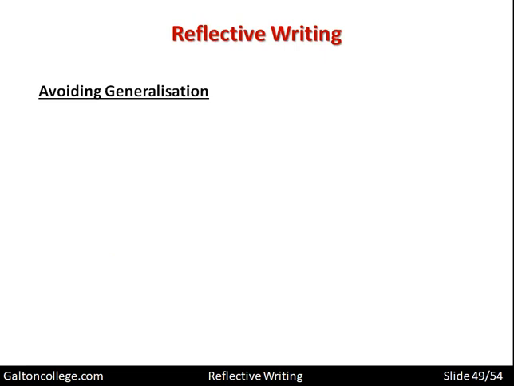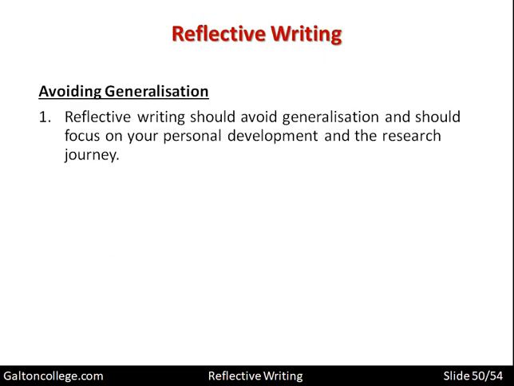Now, avoiding generalizations. Reflective writing should avoid generalizations and should focus on your personal development and this research journey. So when we're reflecting, we shouldn't try to generalize and say, well, this is what happens to everyone, because this is a much more personal account. This is what happened to you.